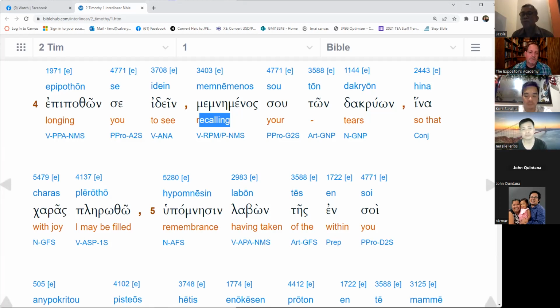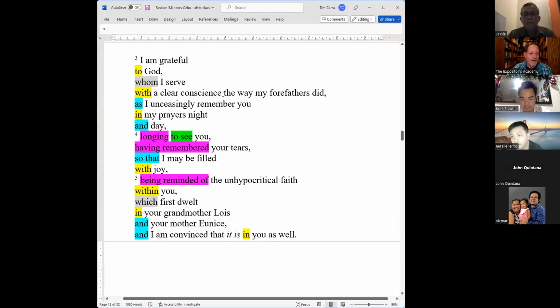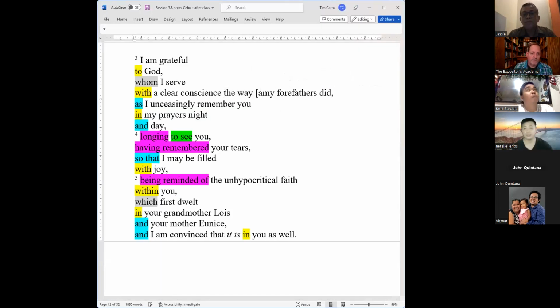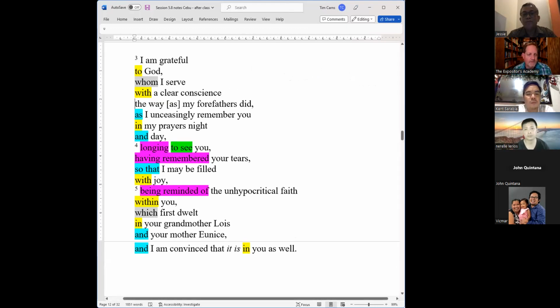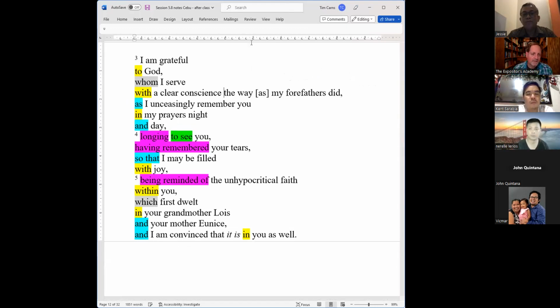So for example, as we saw with our passage here, the way my forefathers did, actually in the Greek, it adds a connecting word there, as. So that should be on a separate line, even though in the translation there was no punctuation and no connector word.